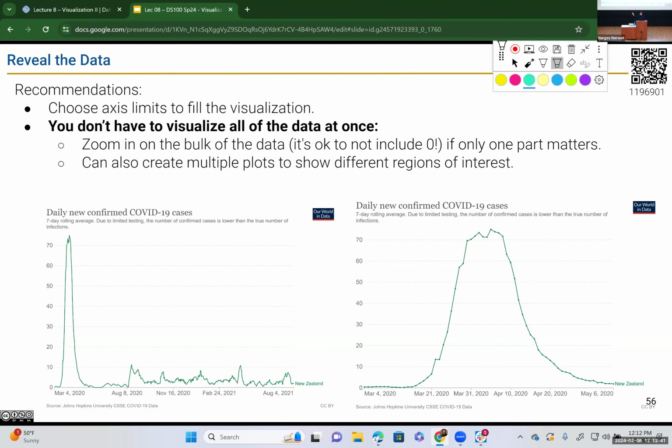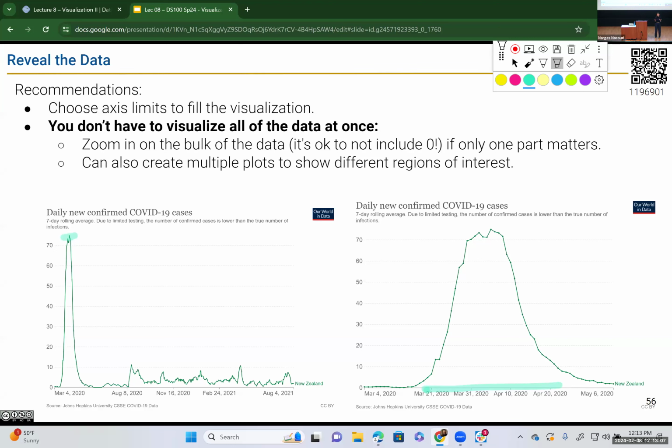And the argument that they were trying to show was how many cases they had at the peak of the original wave. But with this exact plot, where you're plotting everything on the x-axis, it's really hard to see that peak or how many days you were on that peak. So in the other case, we would say don't visualize everything, visualize only the part that you're interested in.